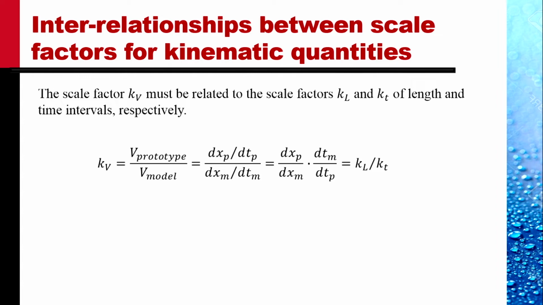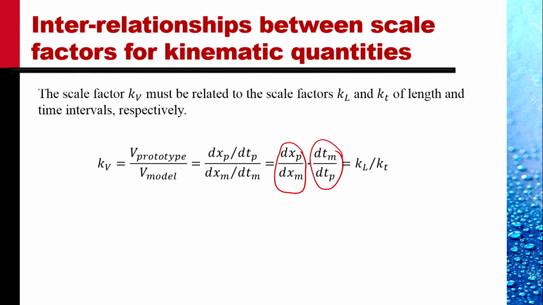This is written as dxp over dxm into dtm by dtp. This is nothing but the length scale factor KL, and this is the reciprocal of the time scale factor KT.